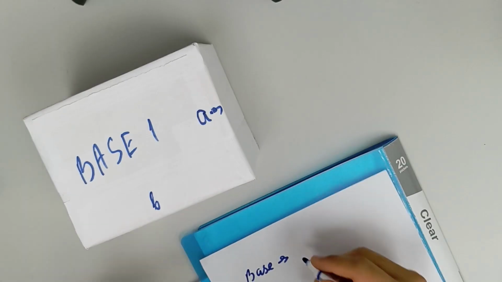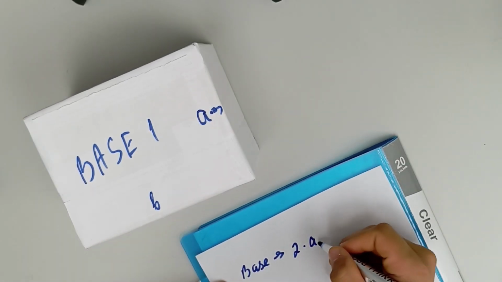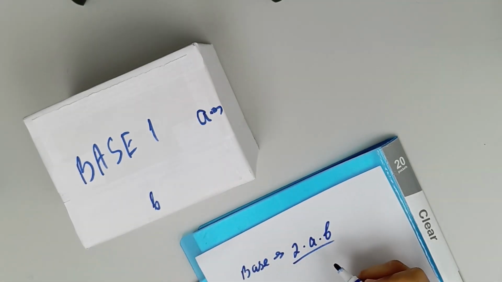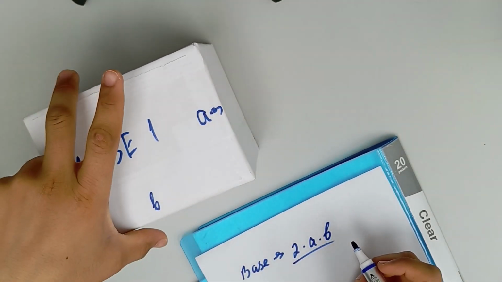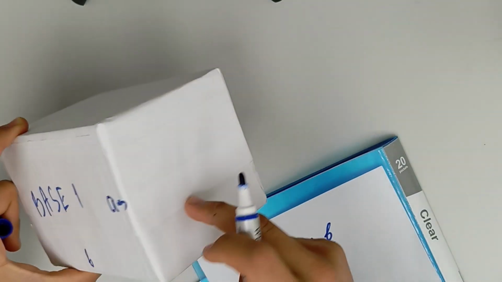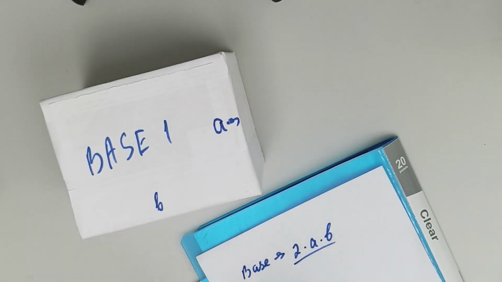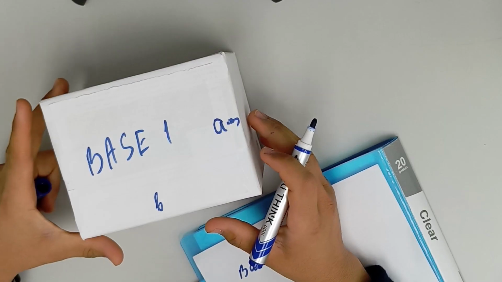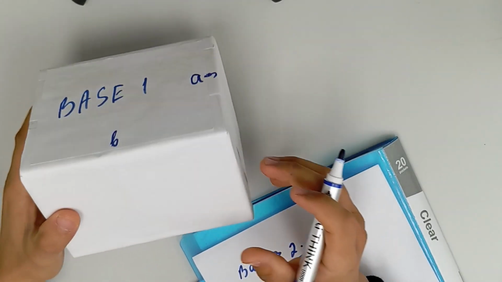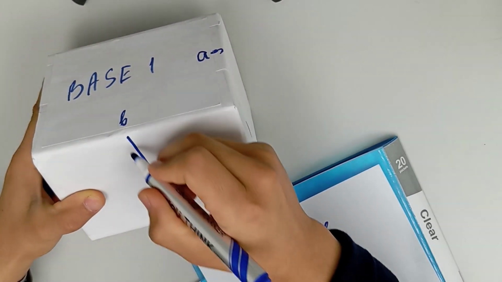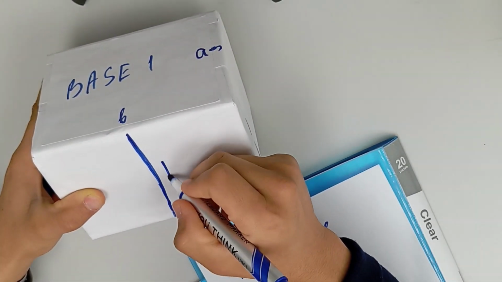We have two of these surfaces, so 2 times a multiplied by b. Okay, and this is the base surface area. Let's calculate the lateral faces, the rectangular faces. We can calculate them with the base perimeter and the height. What is the height of this prism? This can be the height of the prism.